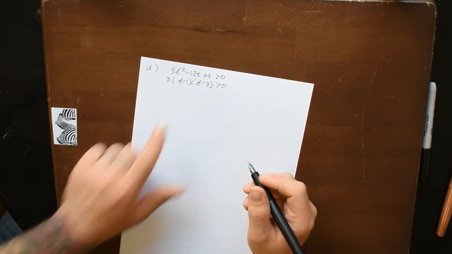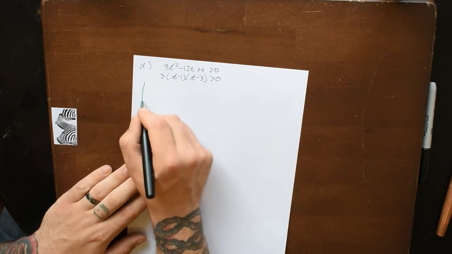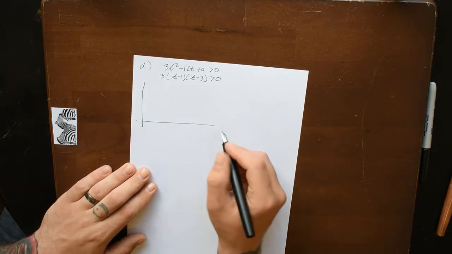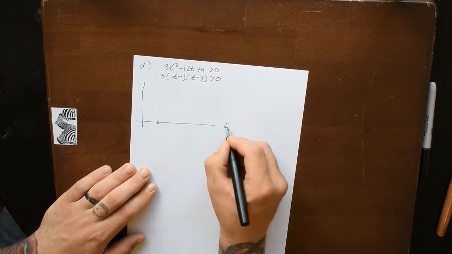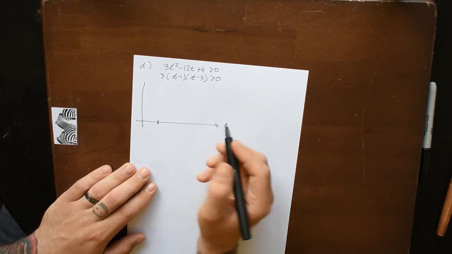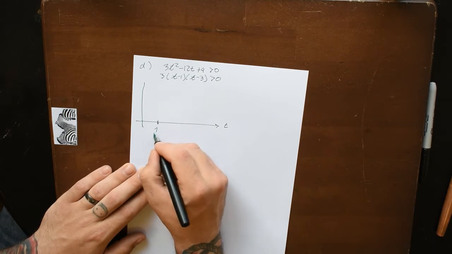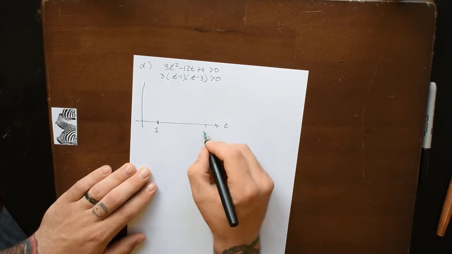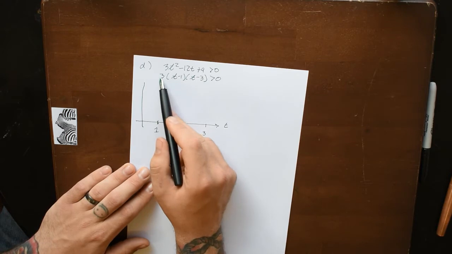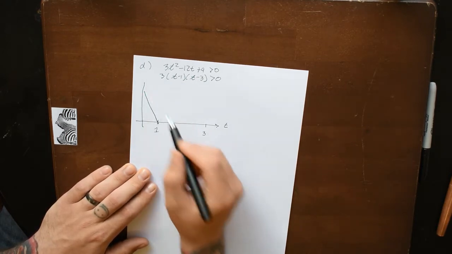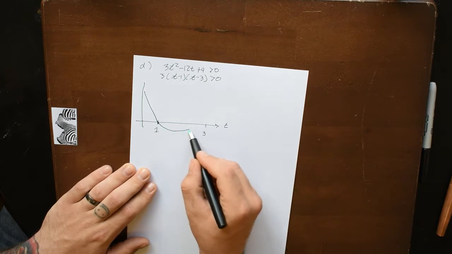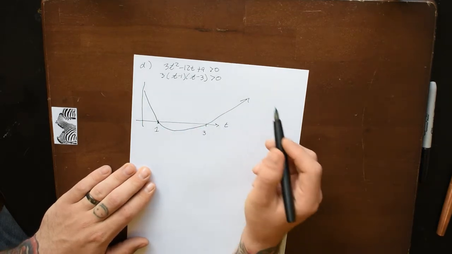And this is a parabola. Just by looking at it, we know it's a parabola. It crosses the x-axis, I should call it the t-axis, when t is equal to 1 and when t is equal to 3. It has a positive orientation, so we know it goes up like that and up like that.